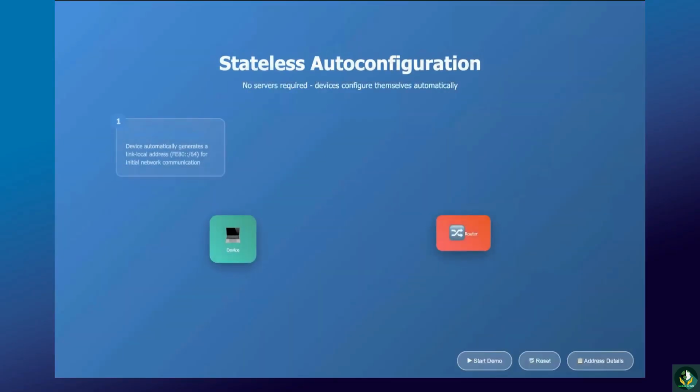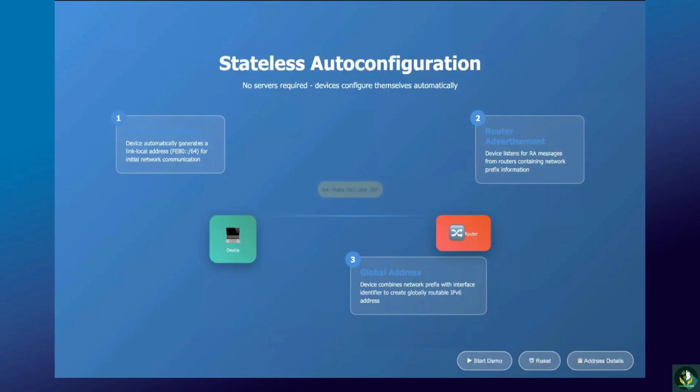And we'll start with the stateless autoconfiguration slide. The first type of IPv6 autoconfiguration is stateless autoconfiguration. This method allows devices to configure themselves without relying on a centralized server like DHCPv6. So how does it work? First, a host generates a link local address automatically for each interface.